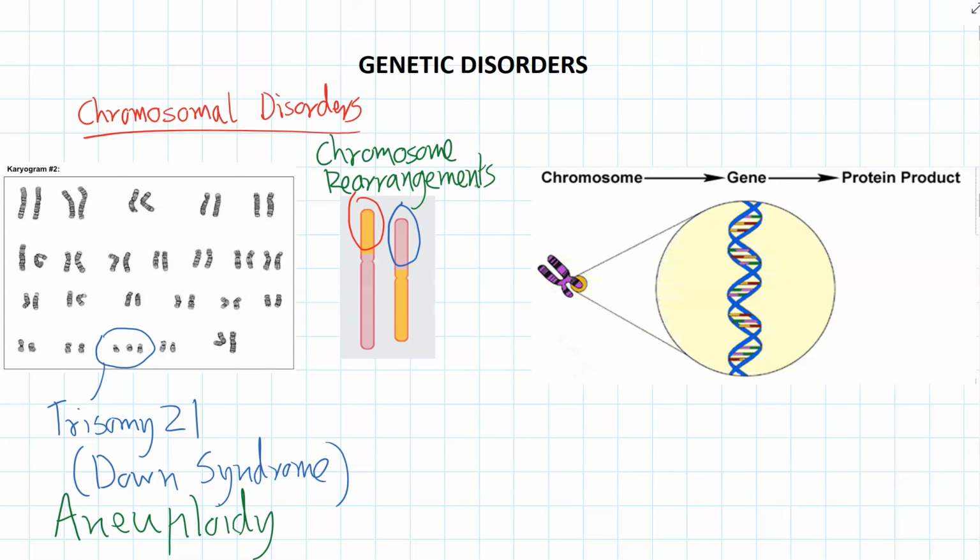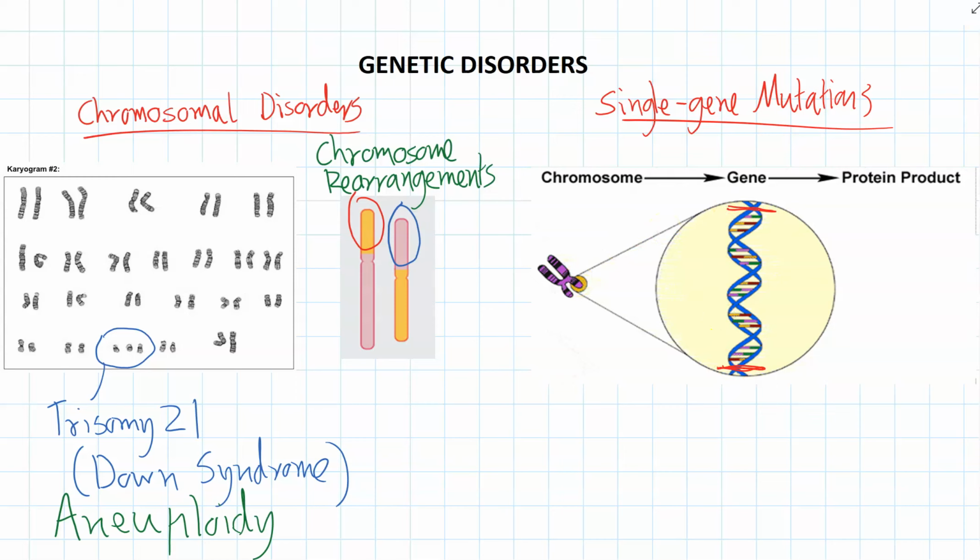The small scale disorders, we just call single gene mutations. So we're zooming into a chromosome, into just one gene, which might start here and end here.